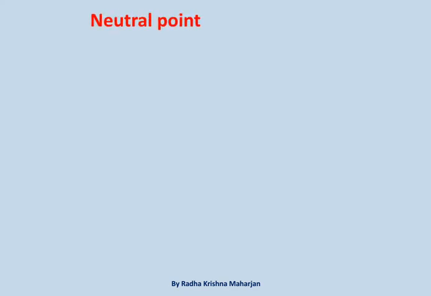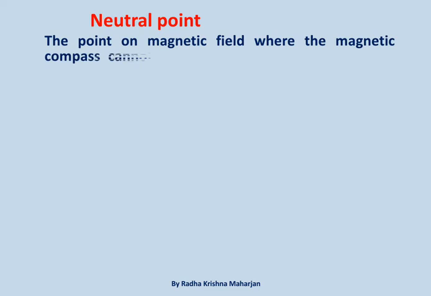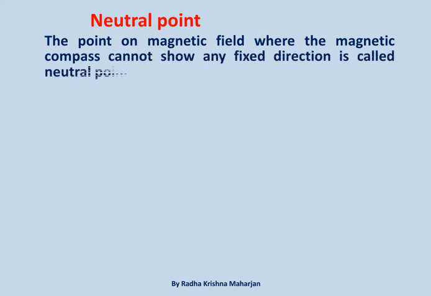Neutral point. The point on magnetic field where the magnetic compass cannot show any fixed direction is called neutral point.